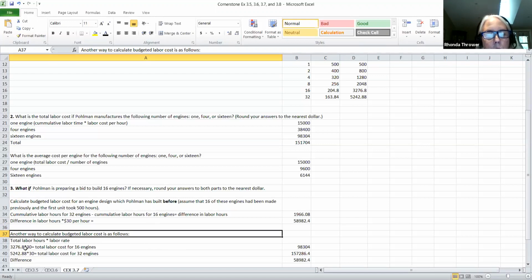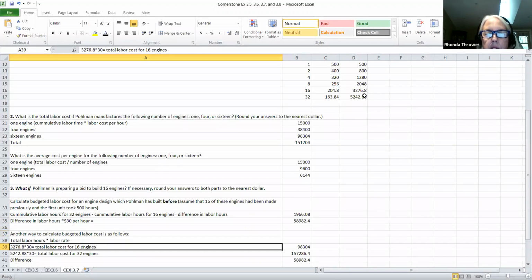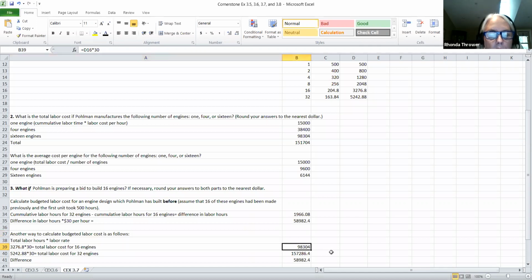So for 16 engines, the labor hours was 3,276.80. I would multiply that by $30 to get my total cost of the labor for 16 engines of $98,304.